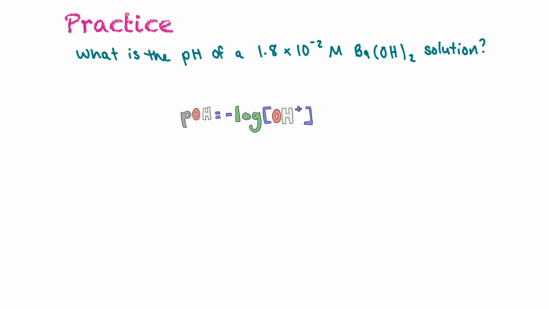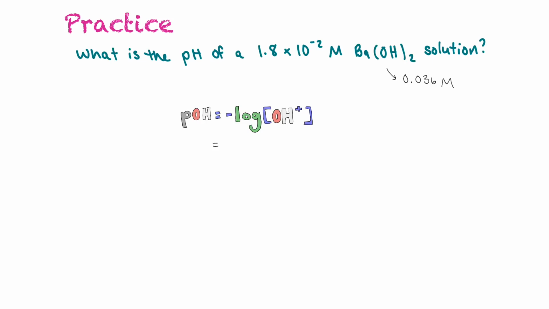So that tells us, and this is a strong base again, so it's going to 100% dissociate. So we actually have 0.036 moles per liter of hydroxide ions. So 2 for every 1 molecule of base. So we need to plug in that value for our pOH first.